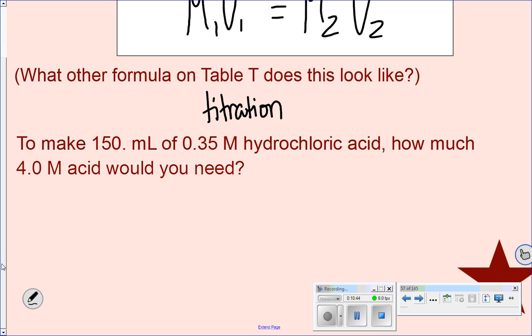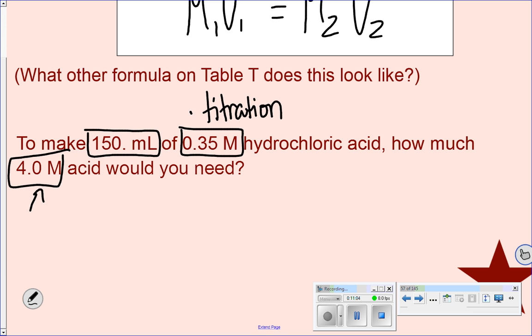So if we have a 150 milliliter solution that's 0.35 molar, or I'm sorry, we're going to make one of those, and we had 4 molar acid. This is going to allow us to figure out how to do the solution. So we are starting with something that's 4 molar. We want it to be way, way, way lower molarity, okay?